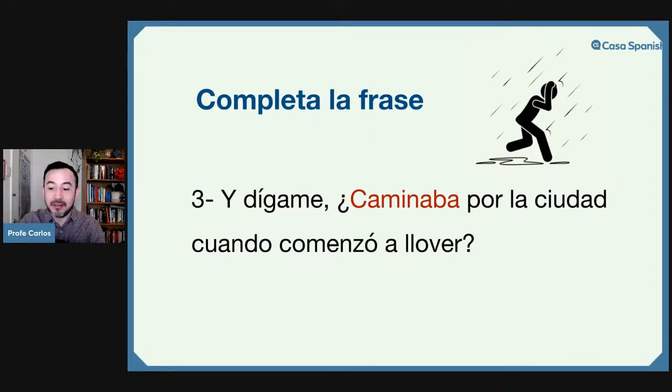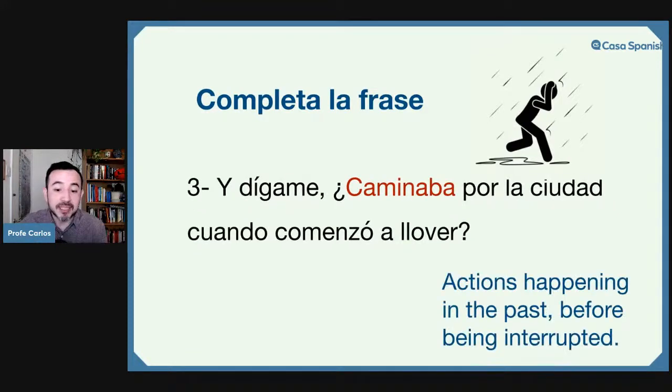Remember, we have the use of usted and tú. If it was tú, it would say y dime, dime, caminabas por la ciudad cuando comenzó a llover. So in this case, we're using usted. Y dígame, usted caminaba por la ciudad cuando comenzó a llover. And of course, it's an action happening in the past before being interrupted. In this case, by the rain, por la lluvia.